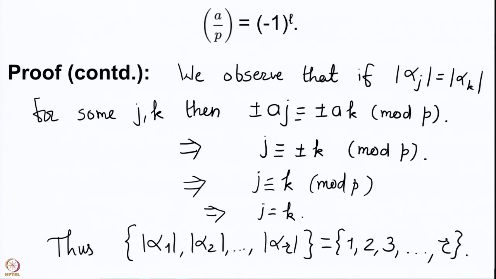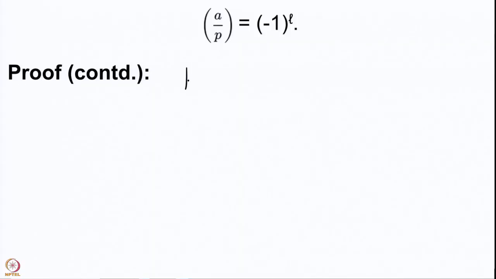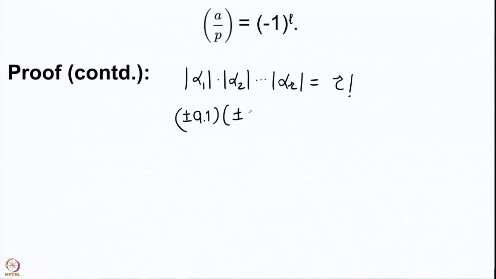So, then take the product of elements on both the sets and let us see what we get. This is equal to the product 1, 2, 3 up to r. So, we get r factorial, but the left hand side is equal to plus or minus a into 1, plus or minus a into 2, so on up to plus or minus a into r.